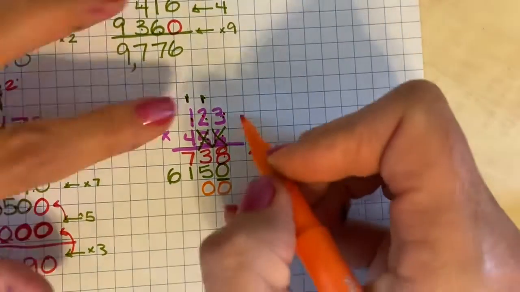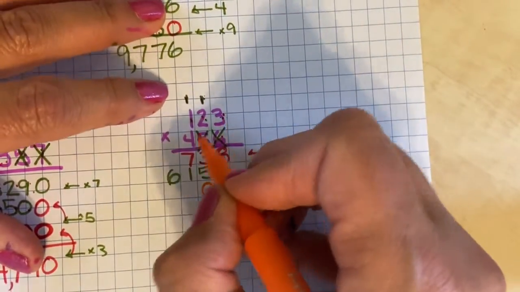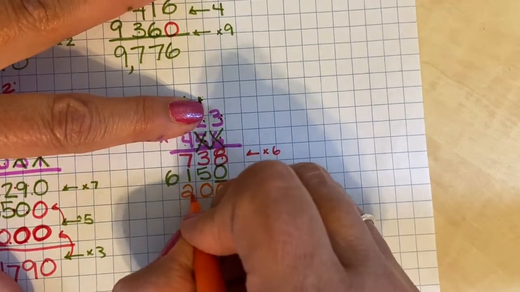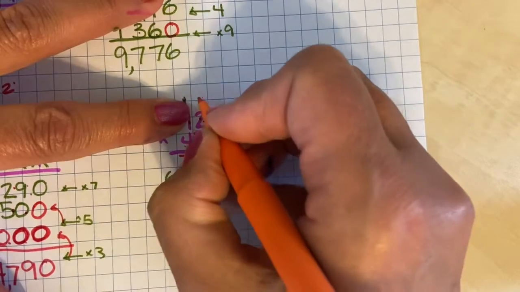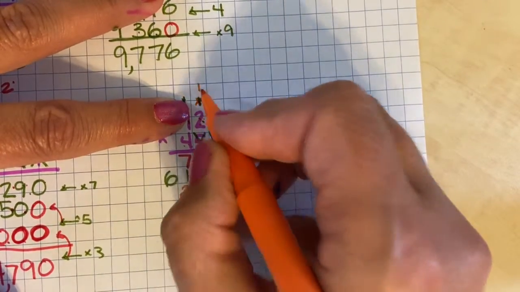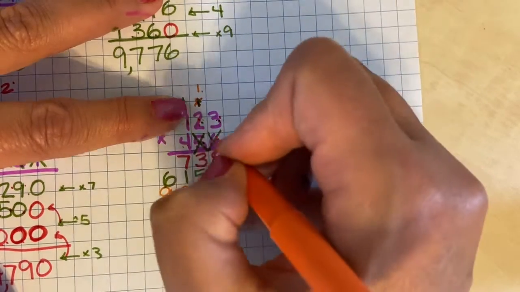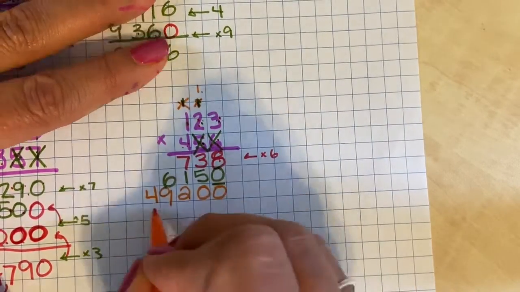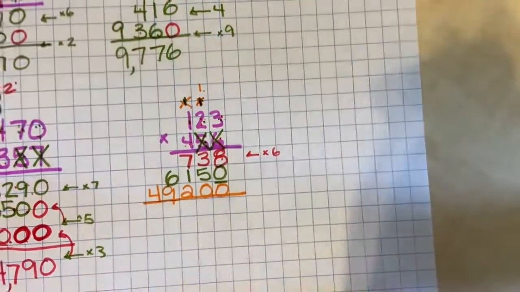All right, then I start over again. 4 times 3, 4 times 2, 4 times 1. 4 times 3 is 12. Put my 2, carry my 1. 4 times 2 is 8, plus 1 is 9. I don't need to carry anything. 4 times 1 is 4. So when I line them up, it's a lot easier to see.